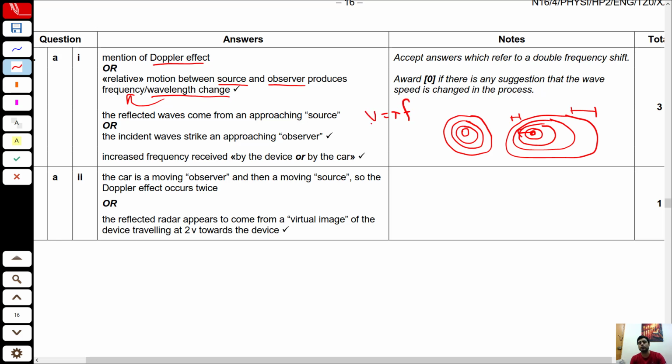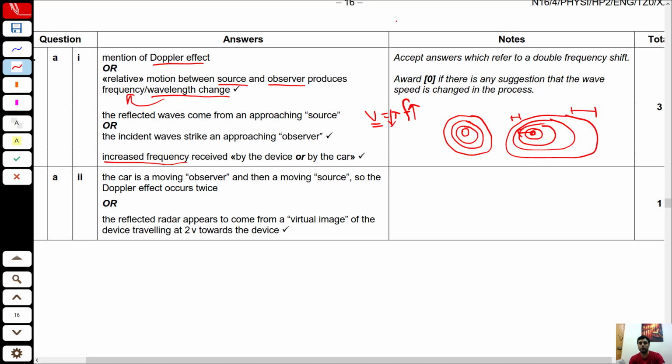This is the speed of the wave, which in our case is constant and equal to the speed of light. If the wavelength decreases because the observer is moving toward the source, then the frequency will increase in the same proportion to make sure that the product of wavelength and frequency gives a constant speed. That is why we have an increase in frequency: the car is moving toward the source, which is the radar gun.